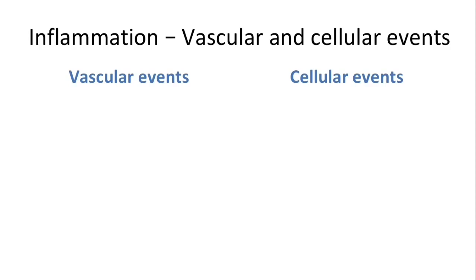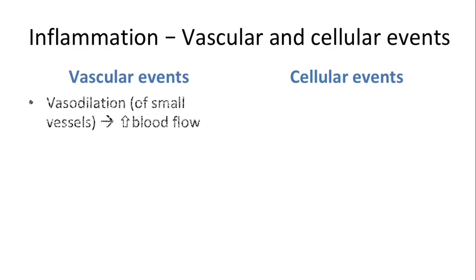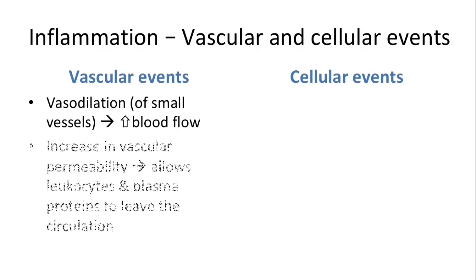They are the small vessels at the site of injury. So what happens in the vascular event of inflammation is that, first of all, these small vessels will dilate. So the diameter will be larger, and this will increase blood flow to the area.